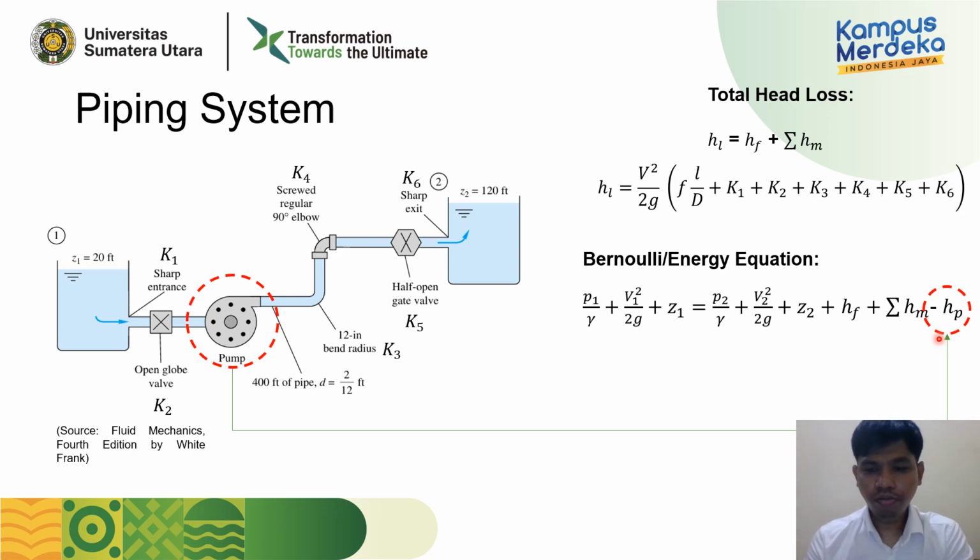So normally what we need to calculate is actually the head of the pump. If the other head loss is bigger, we need to also increase the head of the pump. I will show you in the next example how to calculate the head of the pump.